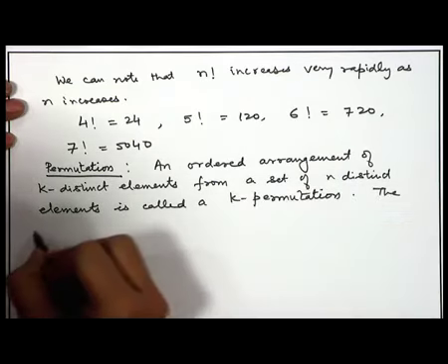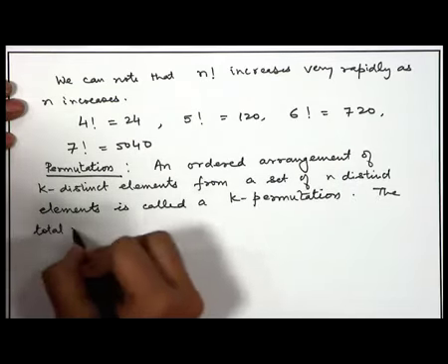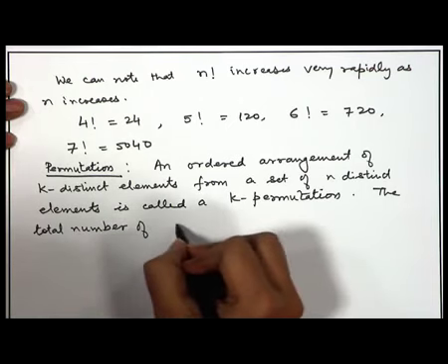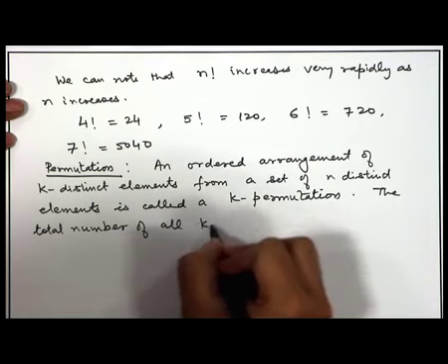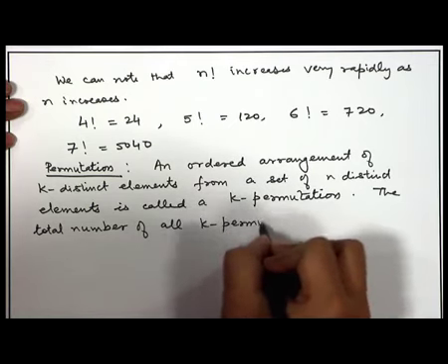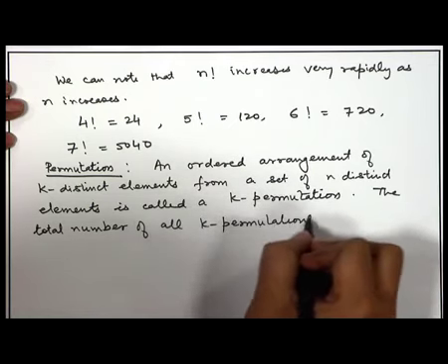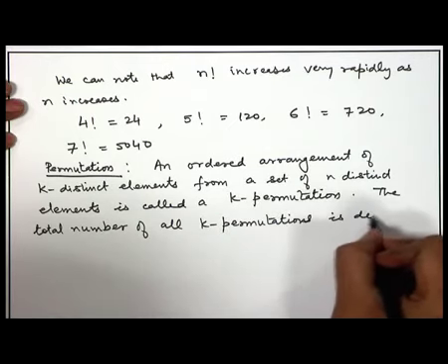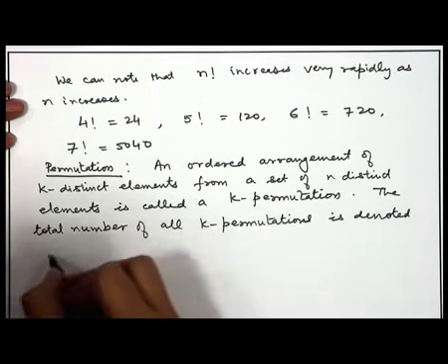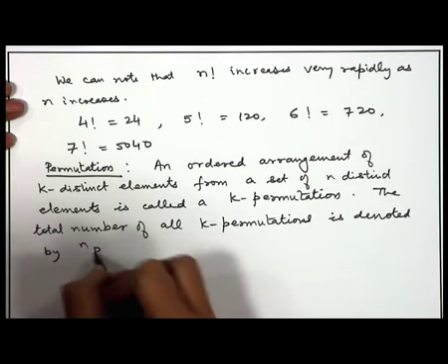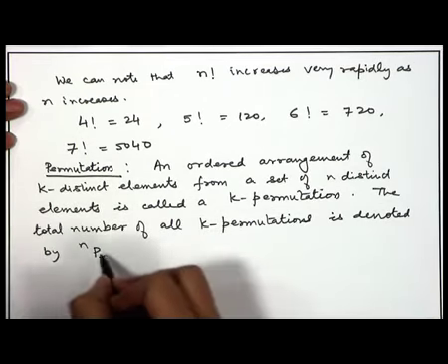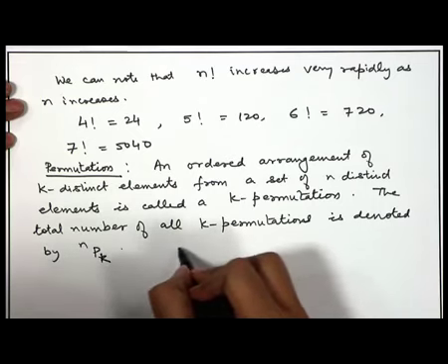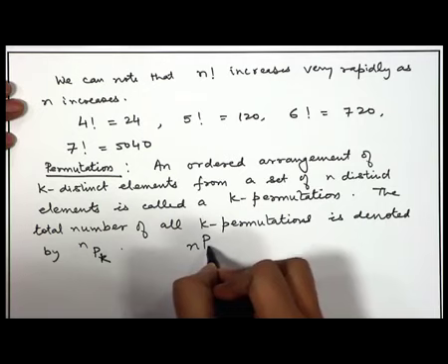The total number of all k permutations is denoted by the notation nPk. Sometimes it is also written like this.